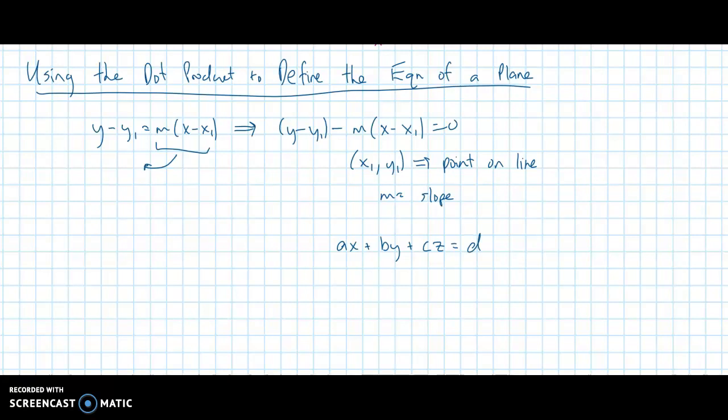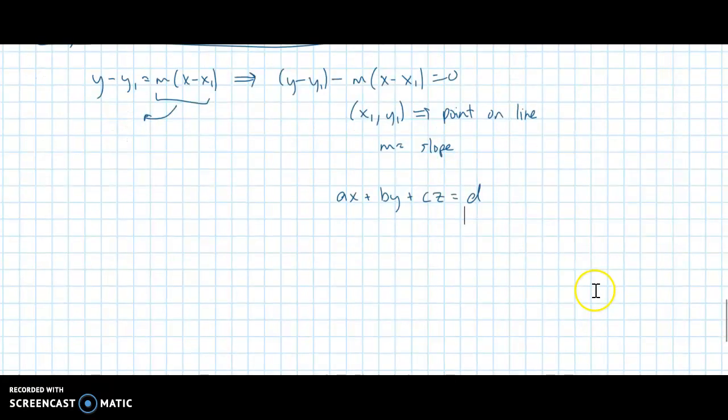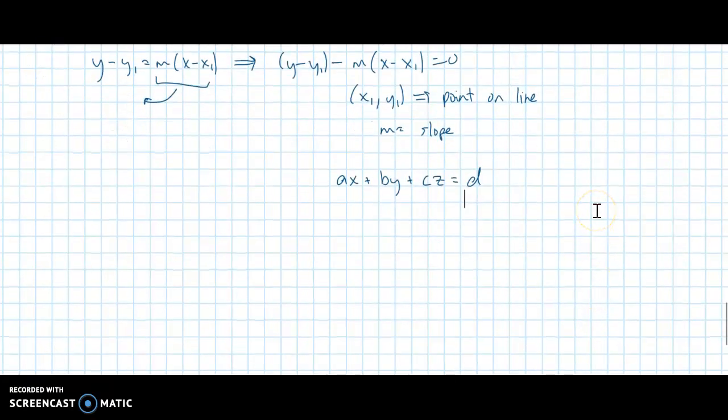That would be a more simplified version, like the one that we had above, or the more common way to figure it out would be a times x minus x naught plus b times y minus y naught plus c times z minus z naught equals 0. And I'm going to define all these pieces.